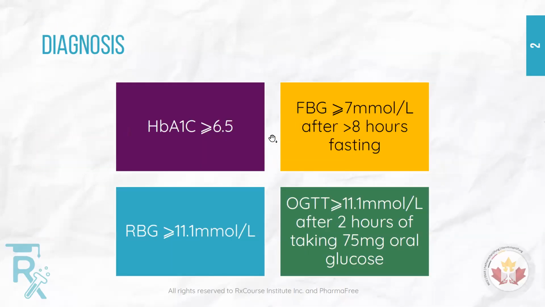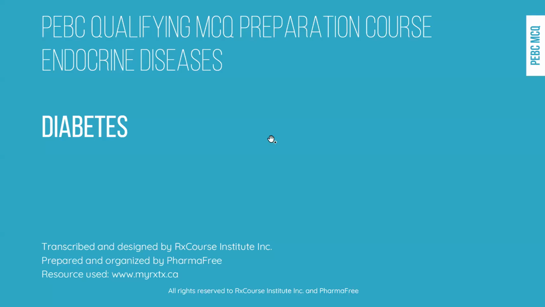So if we come to remember first some basics about diabetes, we have 2 main types. The first one is type 1 diabetes, and what happens in type 1 is a complete lack of insulin due to beta cell destruction in the pancreas. And this is not the common type.